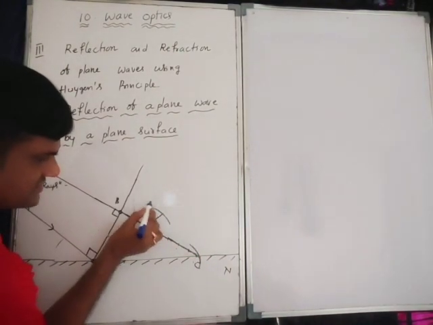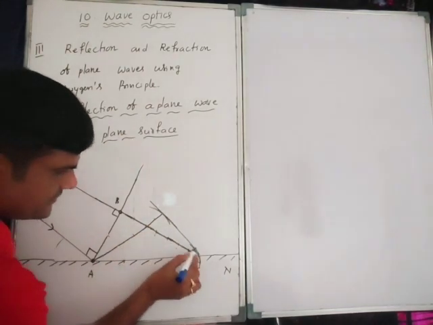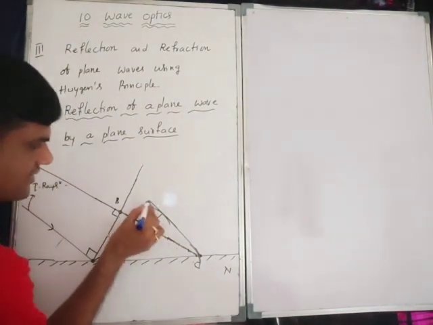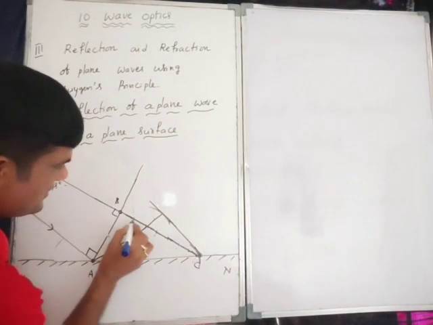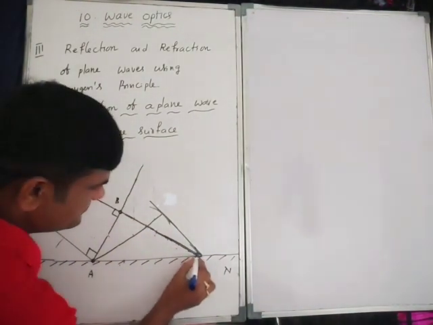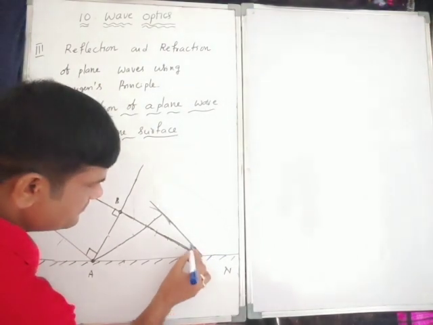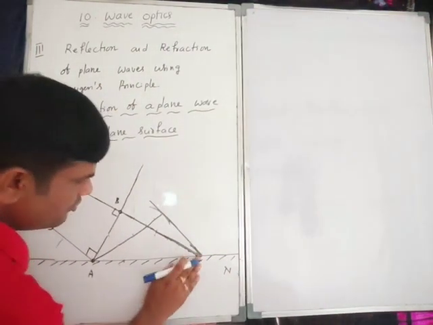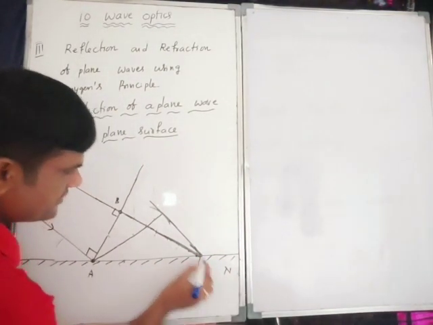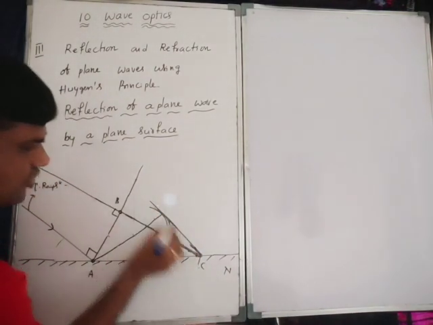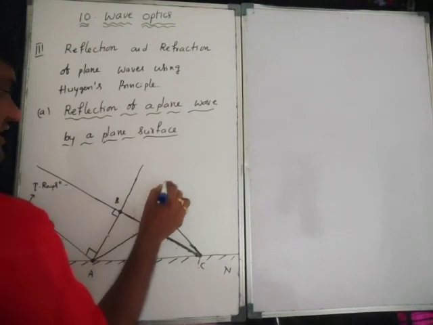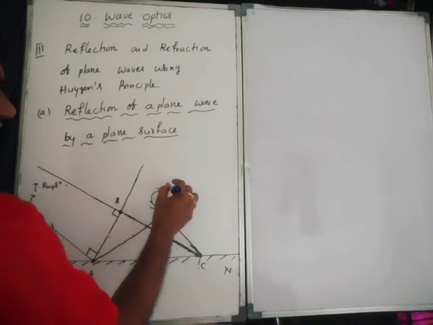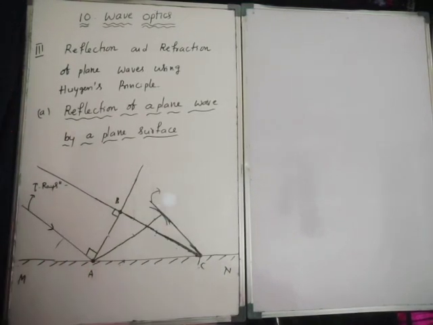This is the common tangent at point C. This common tangent is nothing but the secondary wavefront.